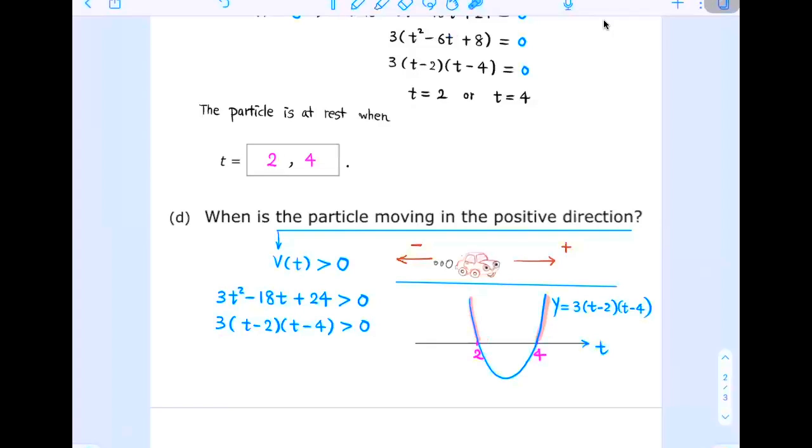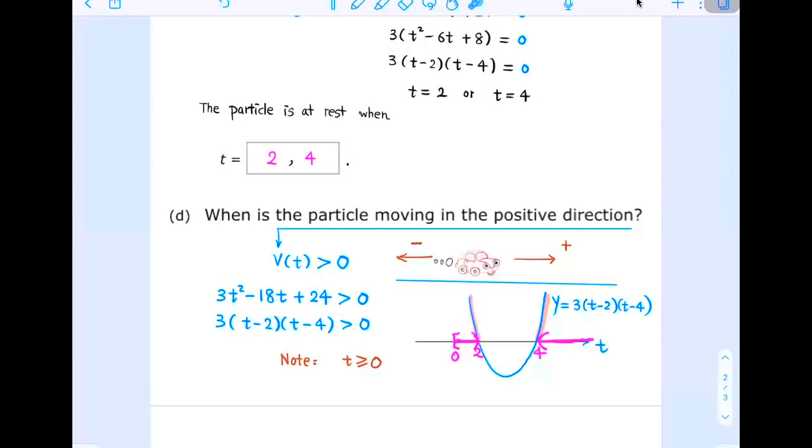Then the corresponding t will be this part or this part. Notice that we are given that the time t is greater than or equal to 0. So the interval for the time t that satisfies this inequality will be this interval union this interval.